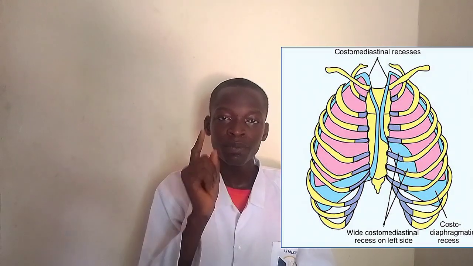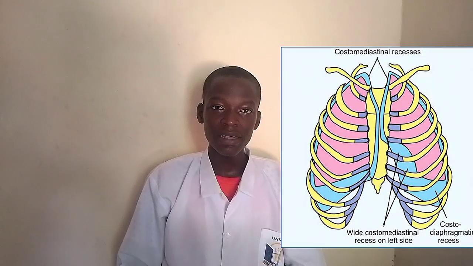Take note of that. Along the mid-axillary line, not just opposite the 8th to 10th rib. That is, if you want to know the position of the costodiaphragmatic recess, it traces along the mid-axillary line opposite the 8th and 10th ribs.